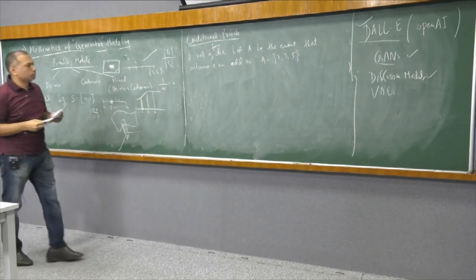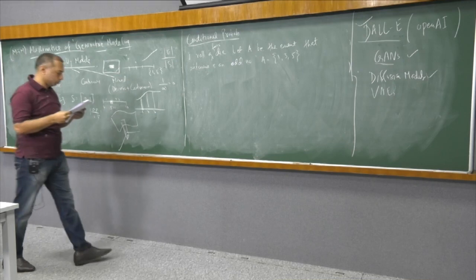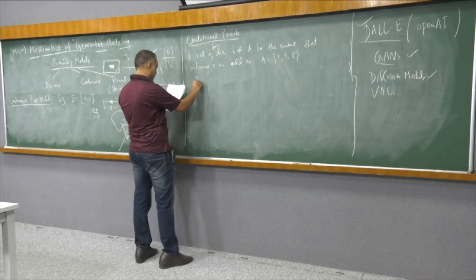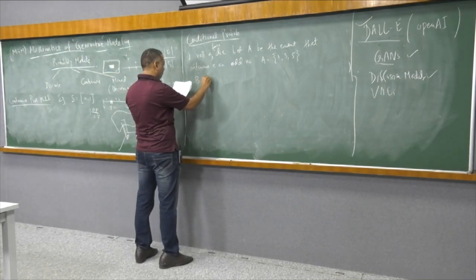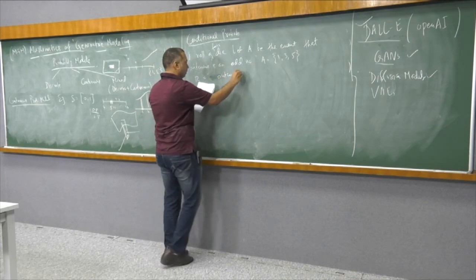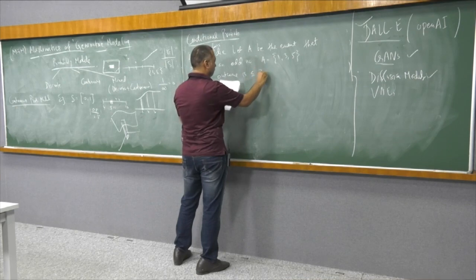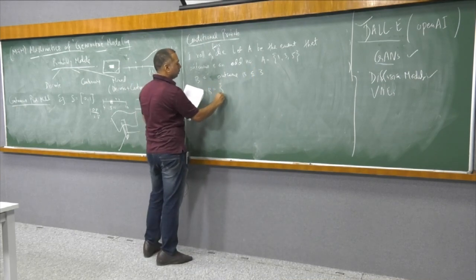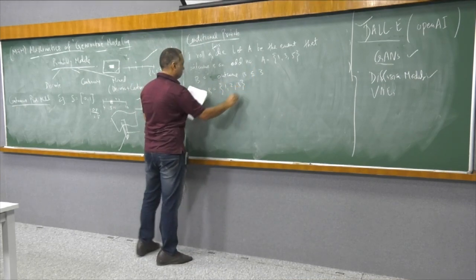If I roll a fair die and the outcome is odd, then obviously A is 1, 3, 5. And also let us say B is the event that the outcome is less than or equal to 3. So in other words, B will be 1, 2, 3, because 3 is also included.